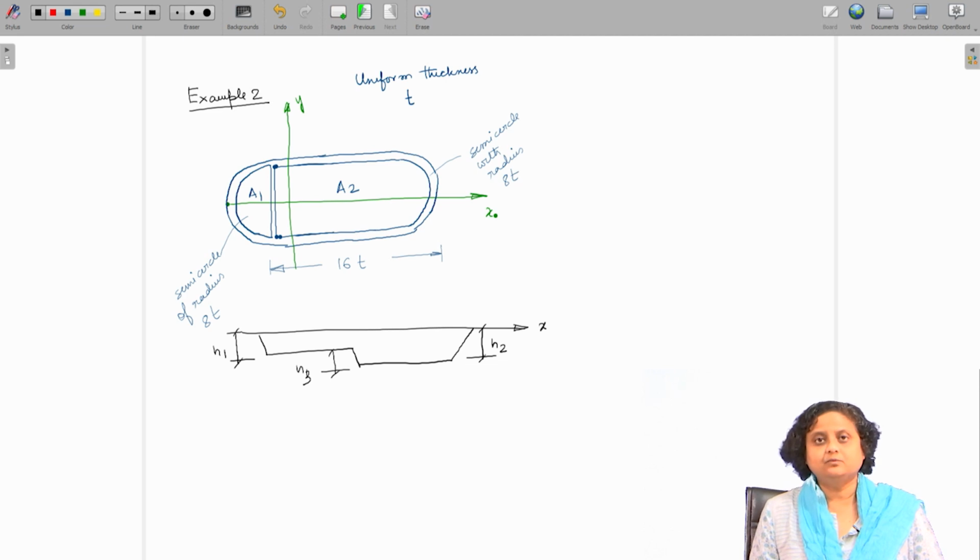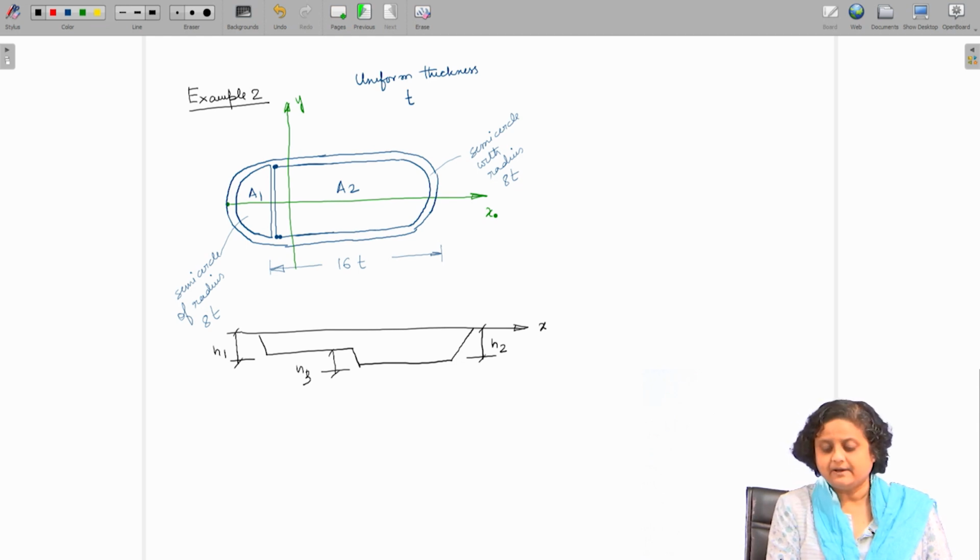So, I have assumed this and I will stick to this deformed shape, and I will find out the relation between the shear flow Q1, Q2 and Q3 in terms of this deformed shape that I have chosen. So, this is the deformed shape of the membrane.